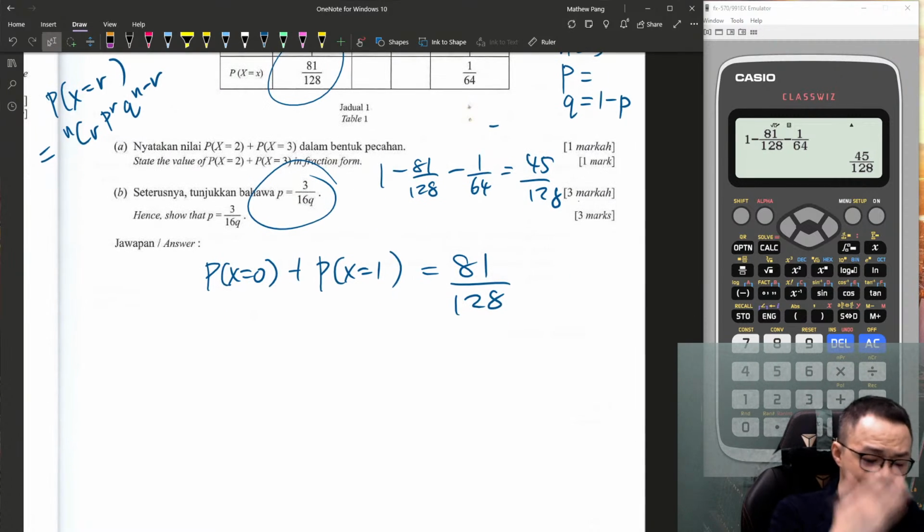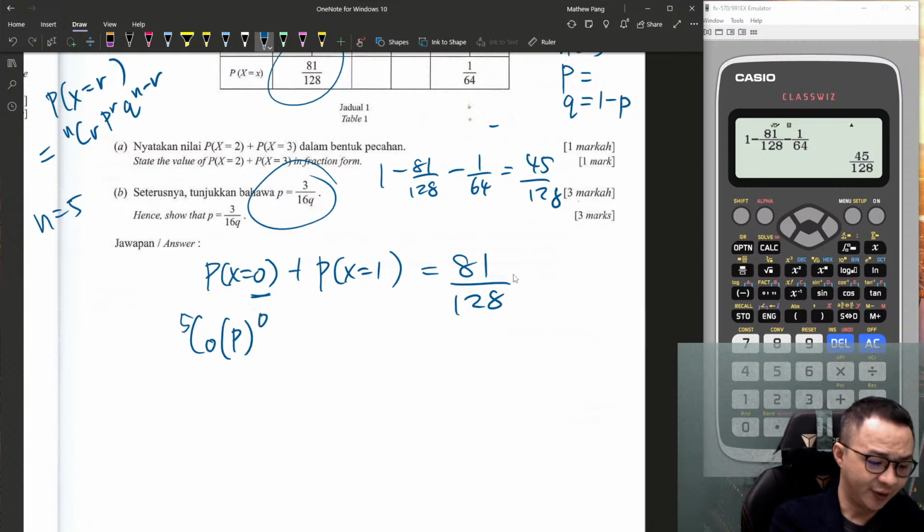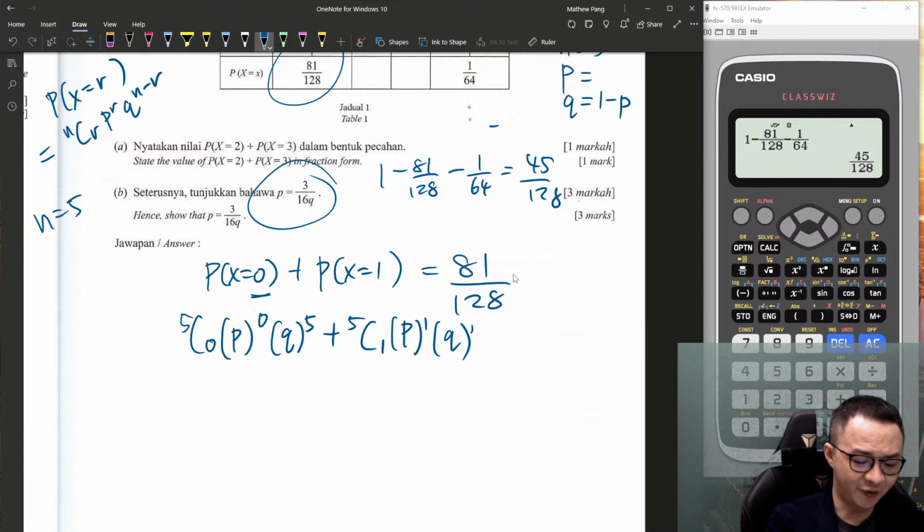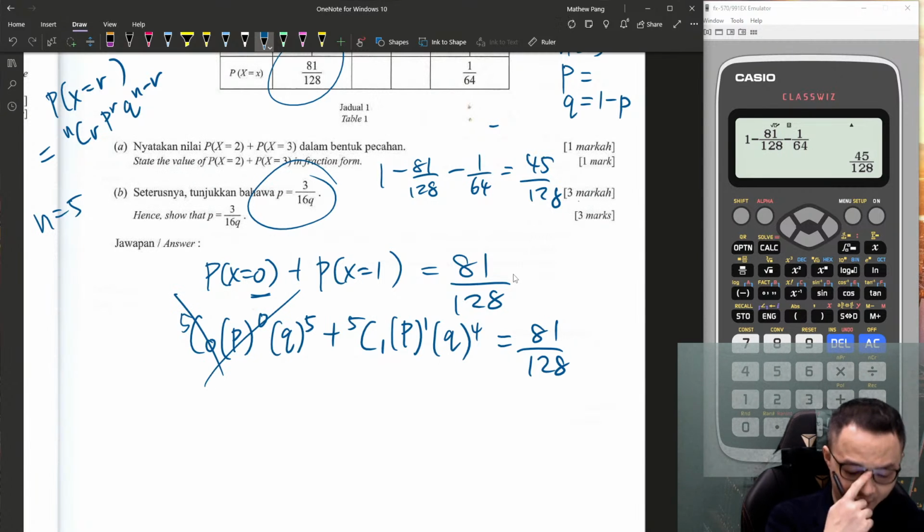So let's plug in the formula. Since n is 5, in this case r is this number. So this is 5C0 p^0 q^5, plus 5C1 p^1 q^(5-1), which is q^4, equals 81 over 128. 5C0 is 1, p^0 is 1, so I can just ignore it.